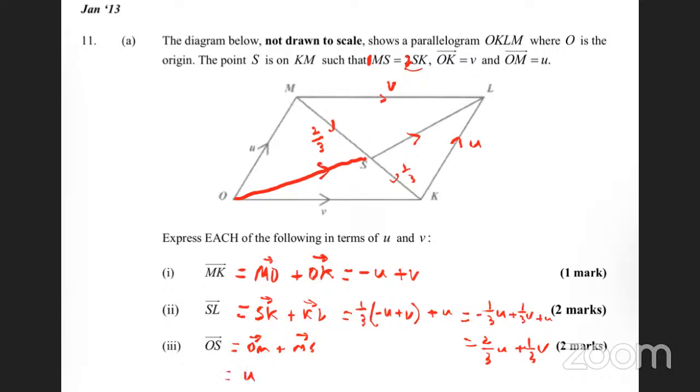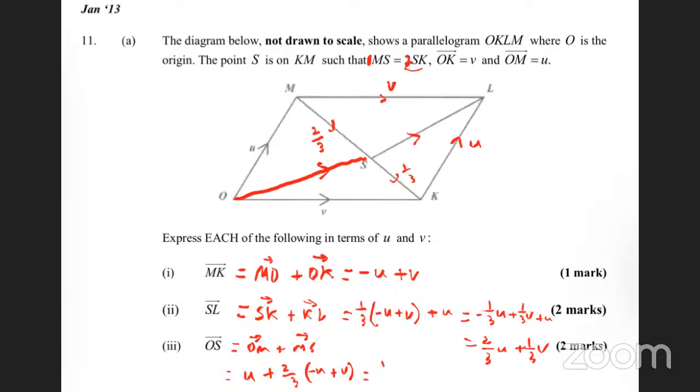OM is U, MS is 2/3 of the whole line, which is minus U plus V. Right, work it out. You have to multiply it out, right? So that will be U plus minus 2/3.